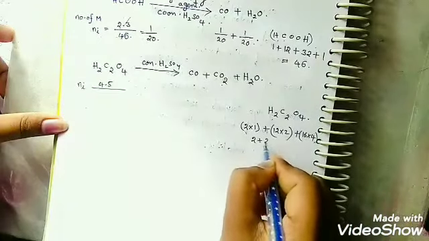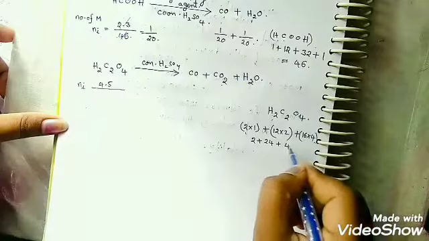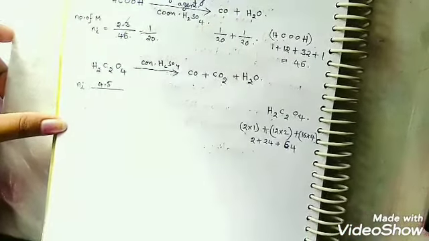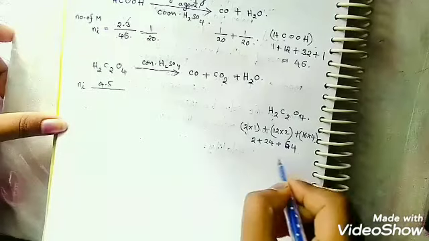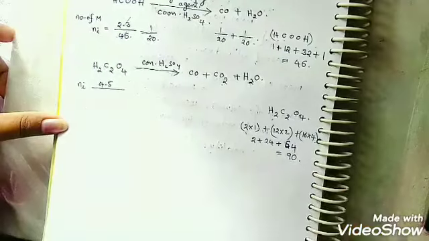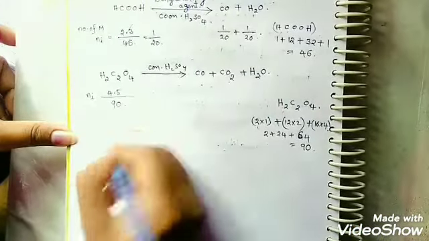Then 2 plus 24 plus 64. The final answer is, you can add these numbers, 90. So you can take 90 here.